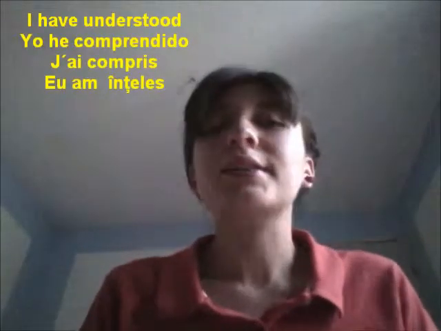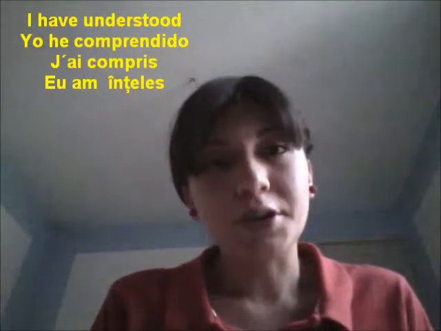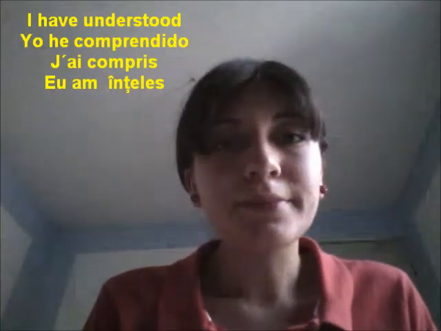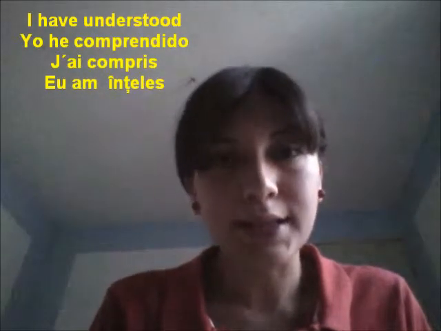So, if you want to say I have understood, in Spanish we say yo he comprendido. In French we say j'ai compris, and in Romanian we say eu am înțeles.